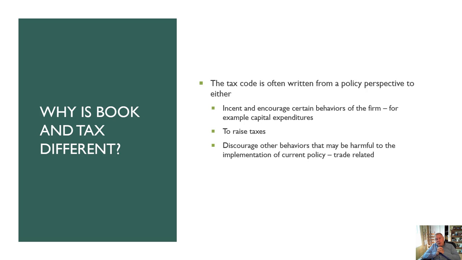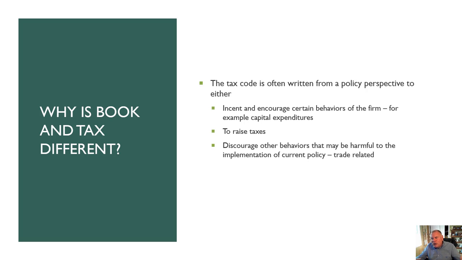For example, trade related. The tariffs are a tax, and the tax is paid by the importer, who then either absorbs it and reduces their income or passes it along to you, the consumer. So when we're looking at these things, it's either to incent behavior or discourage behavior, or to raise taxes.